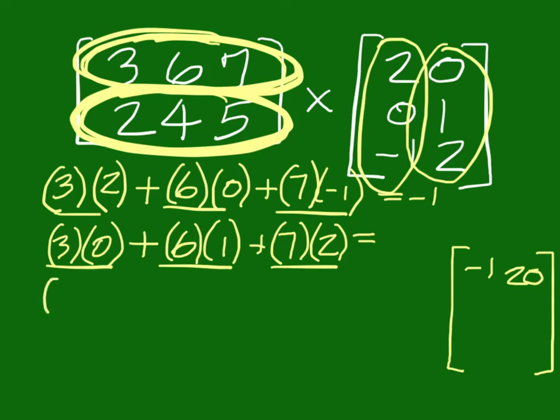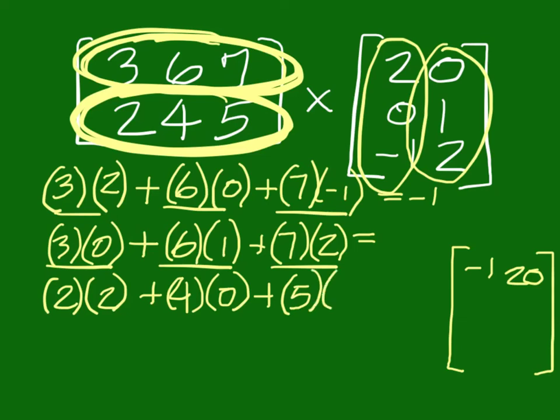So that would be 2 times 2 plus 4 times 0 plus 5 times a negative 1. 4, 0, negative 5 adds up to be a negative 1.